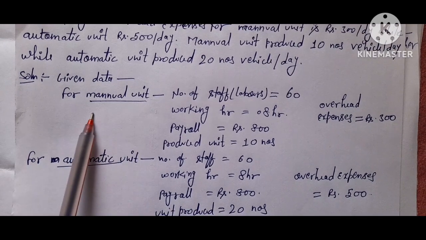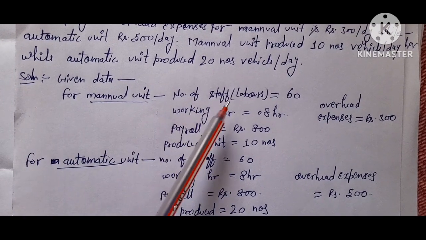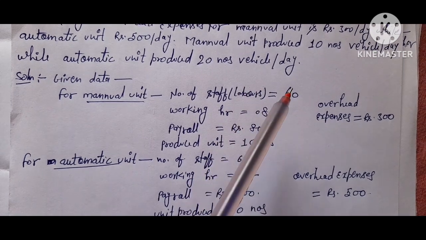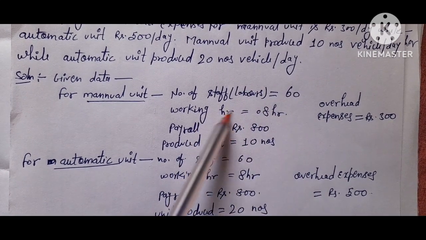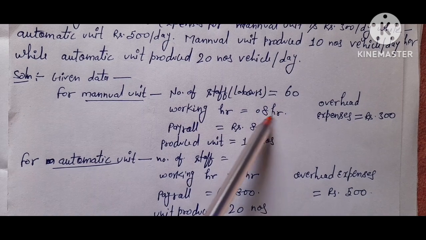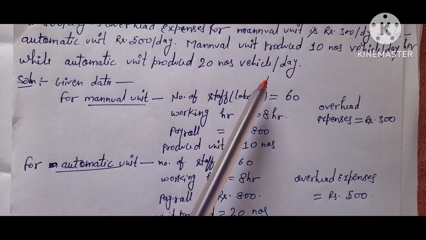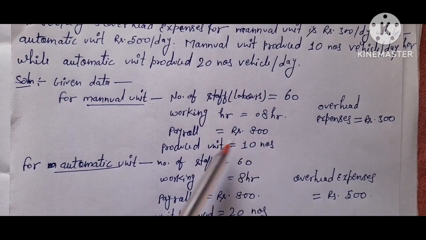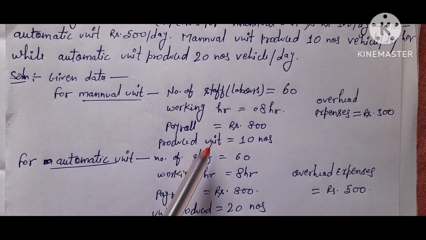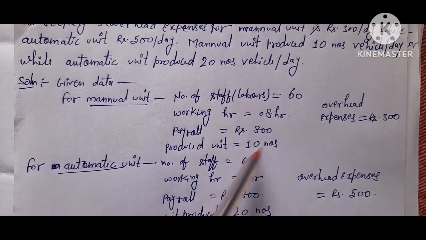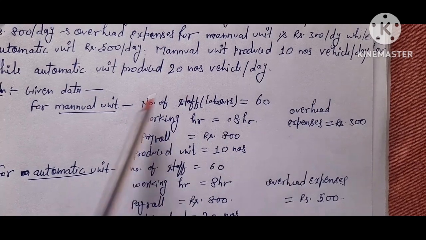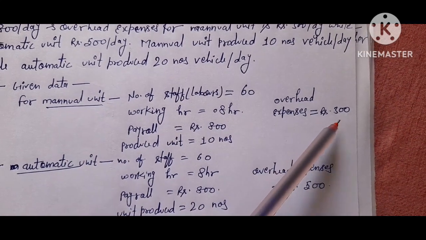The given data for the manual unit: number of staff, or labor, is 60, working hours for each employee is 8 hours, payroll for each employee is 800 rupees, and production per day is 10 units. Overhead expenses for the manual unit are 300 rupees.